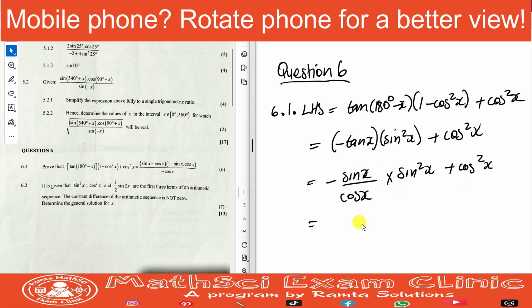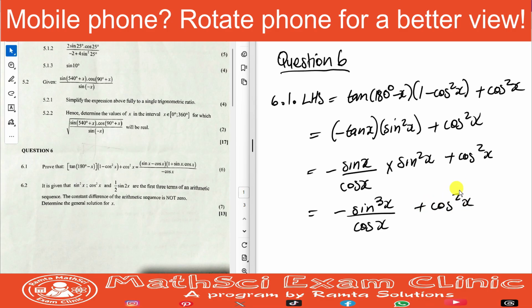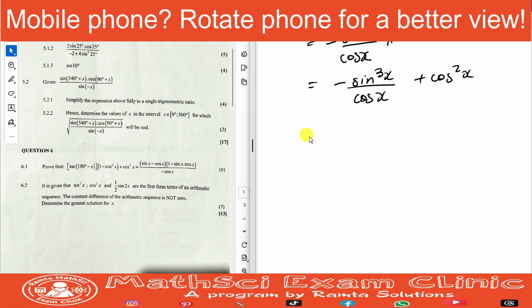Negative sine x times sine square x will become negative sine cubed x all over cos x, plus cos square x. Moving on. When we simplify this bracket, we will be having negative sine cube x plus cos cube x all over cos x. All right.